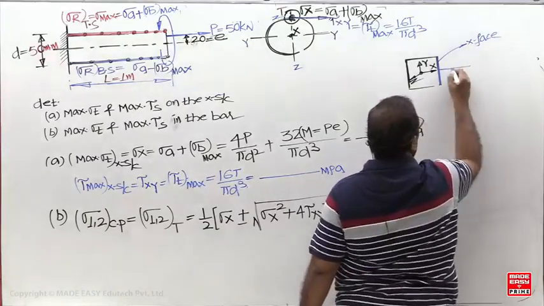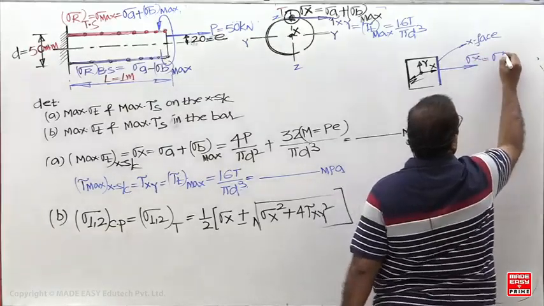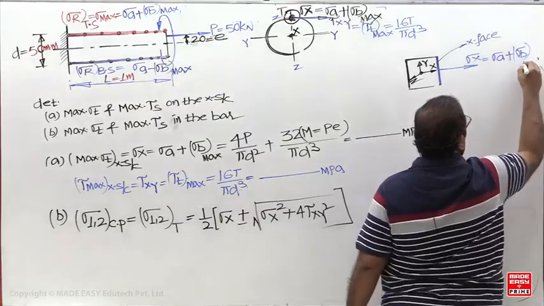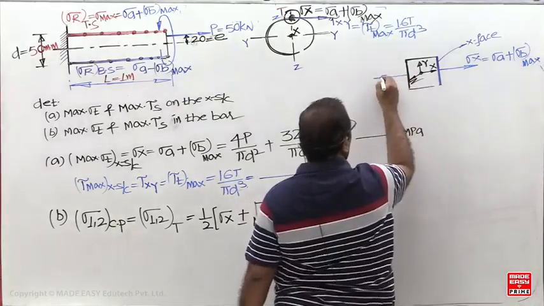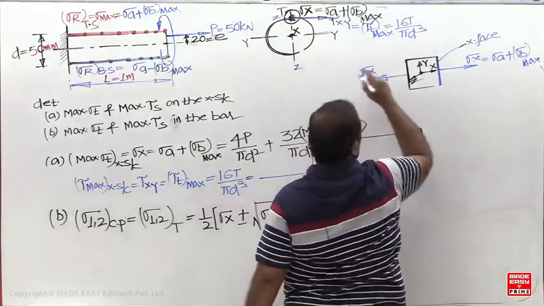So this will be sigma x. And the torsional shear is clockwise.